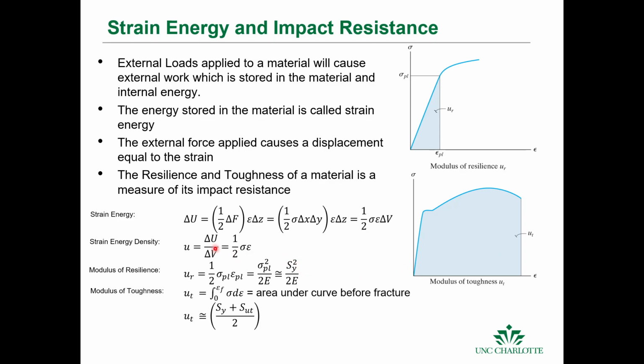So we can define these values from the stress strain data. What we really care about here is the modulus of resilience, which is basically this area, which is half the plastic limit stress times the strain at the plastic limit. It's just this triangle right here, half of that, right? So we can approximate that with our yield stress here: SY squared over 2 times Young's modulus.